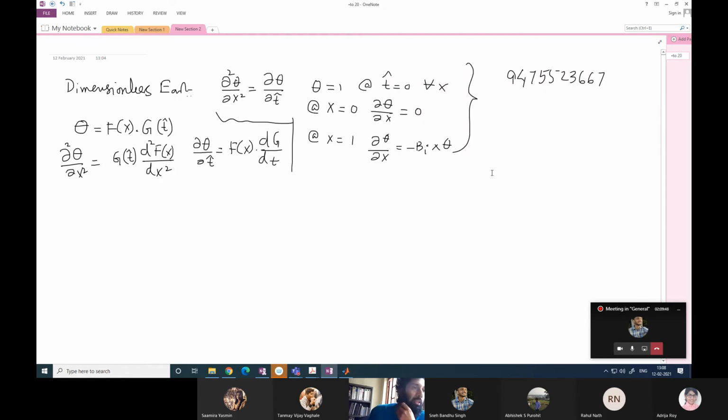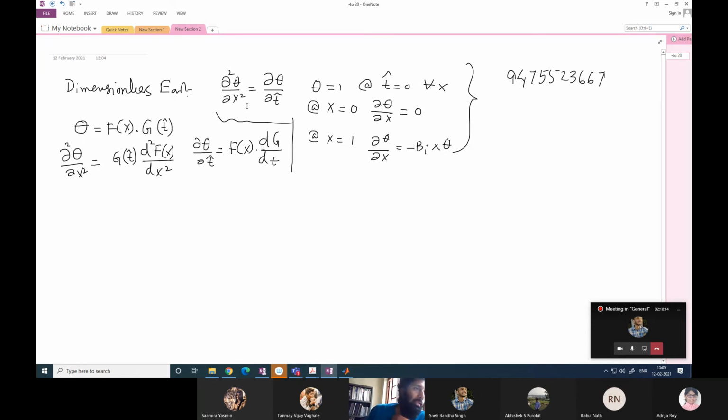If theta is an implicit function of x and t hat, we cannot do this. This assumes that this kind of separation is possible. If that kind of separation is not possible, we cannot do this. So this is under a certain assumption. And how did this dimensionless equation come?